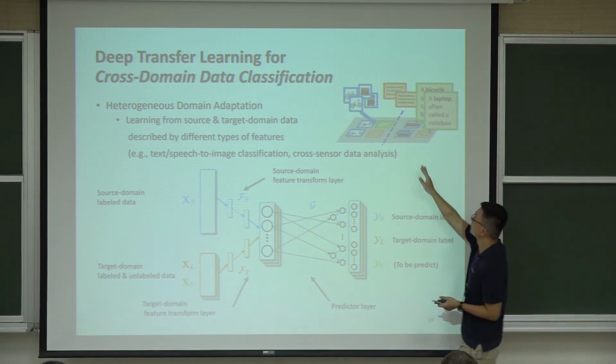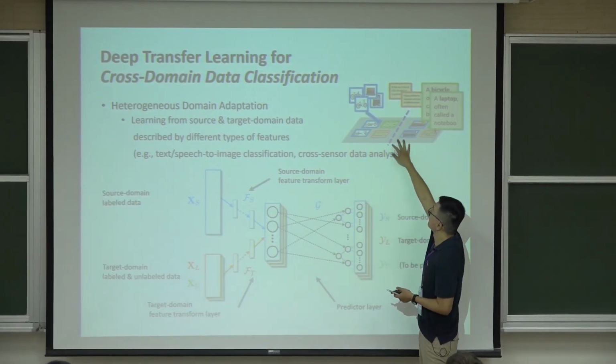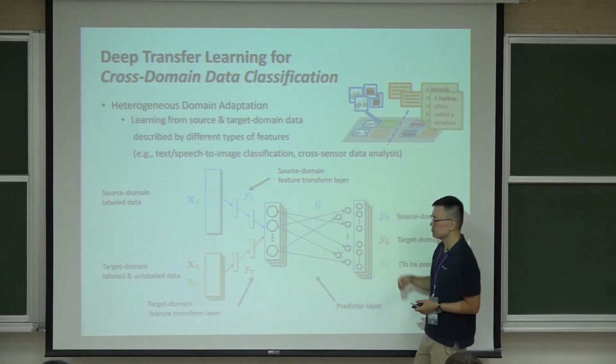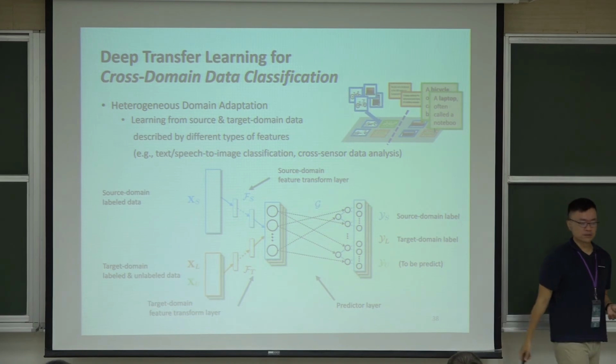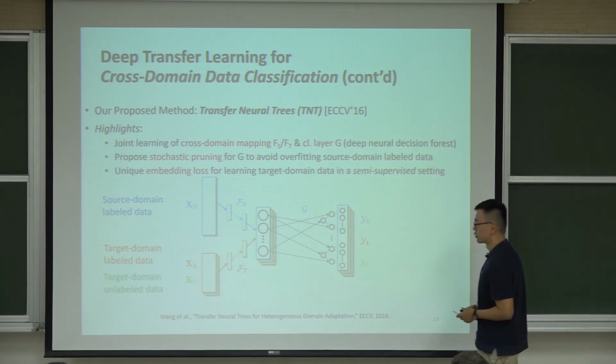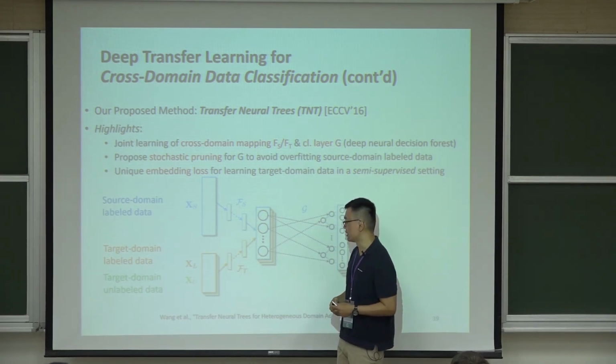We want to find a gray common feature space, that is this part, so that we can train the classifier in this feature space, that is this part. Okay, but of course, the story behind this model is how can we train a good feature space which can be commonly shared by both data domains.